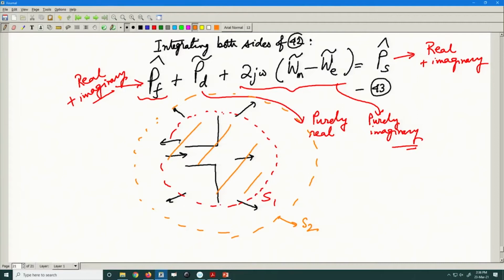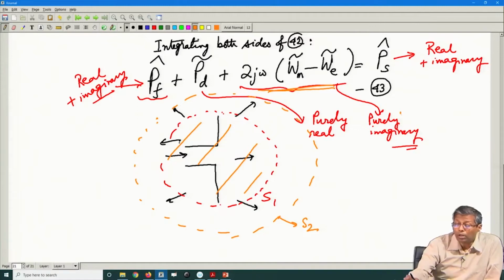As you keep on increasing the volume, the imaginary spherical shell is encompassing a larger radius, and therefore, these terms will continue to increase, because you are enlarging the volume. So, this is contributing to the purely imaginary stored energy term.